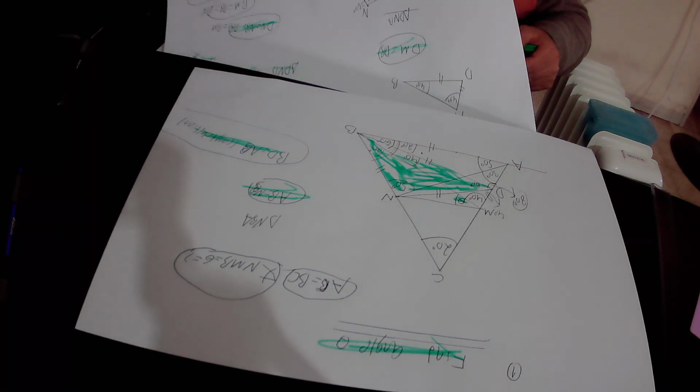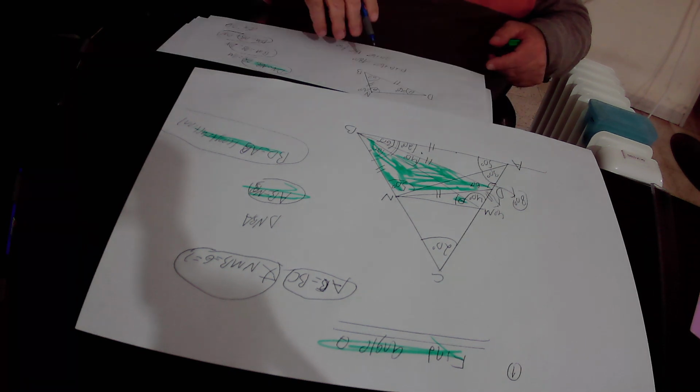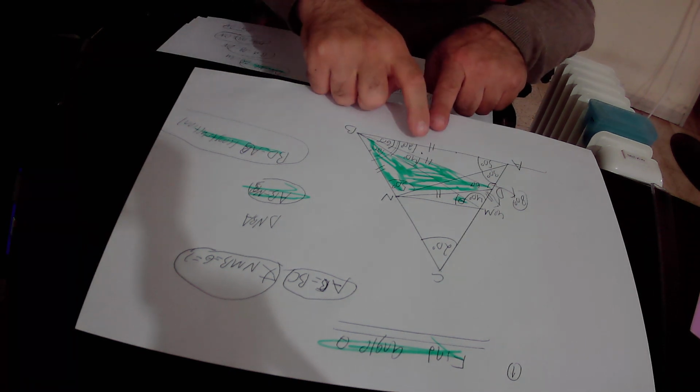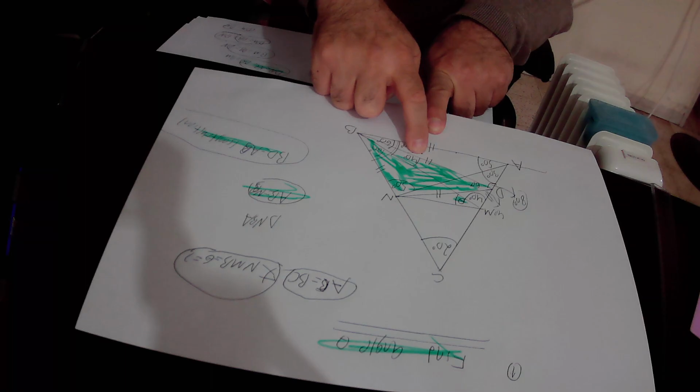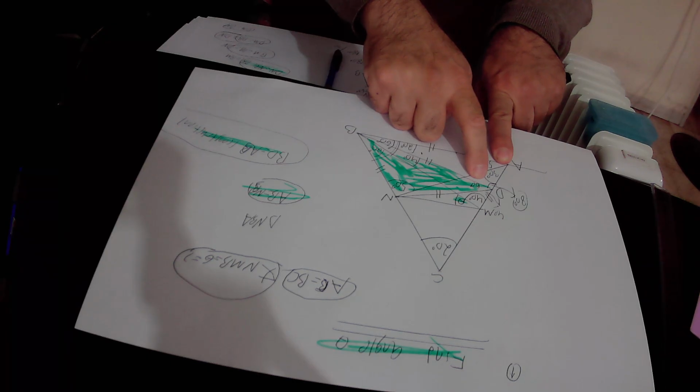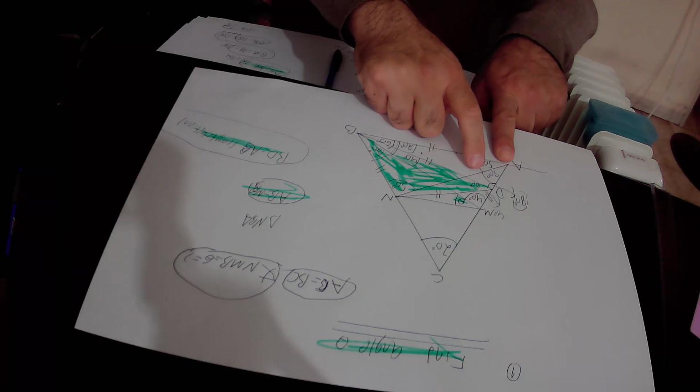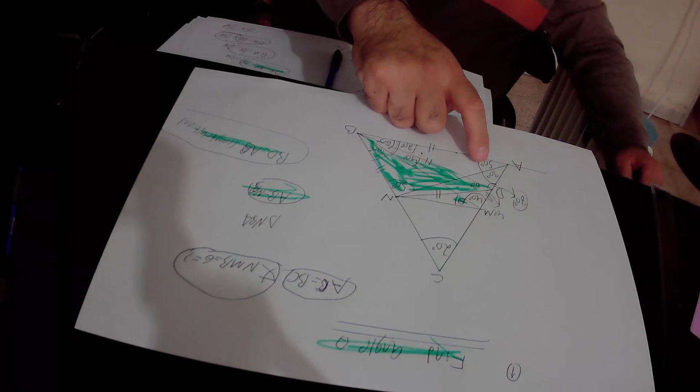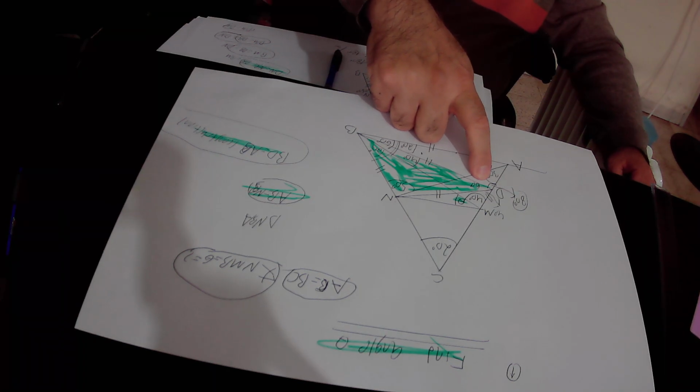So in this triangle ADB, we have two sides that are equal to each other. In front of equal sides in a triangle there are equal angles. So those two angles located in front of the equal sides must be equal to each other. But this angle is 80 degrees, so the missing angle must also be equal to 80 degrees.